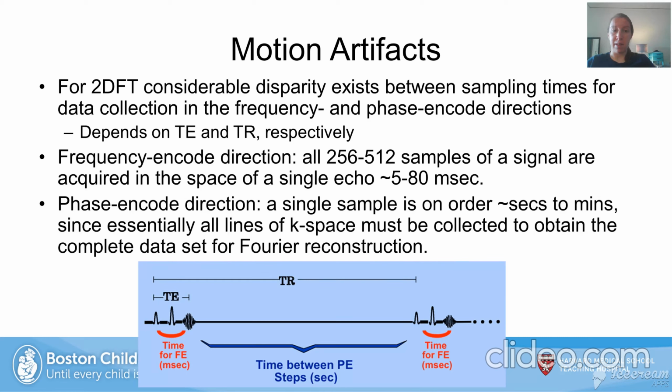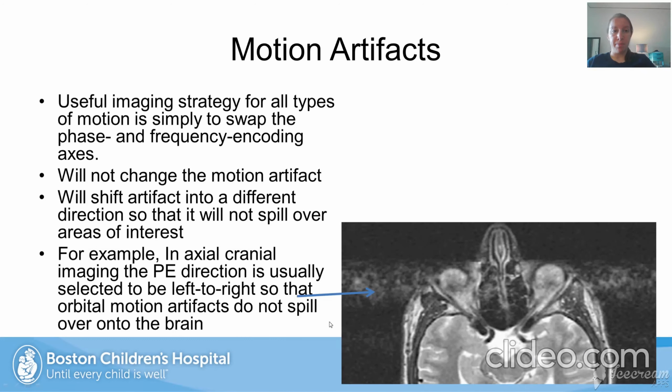So that depends on the phase encode direction. In that case, a single sample is on the order of seconds to minutes, since essentially all lines of K-space have to be collected. So this is really where you're going to see the motion artifacts, in the phase encode direction.